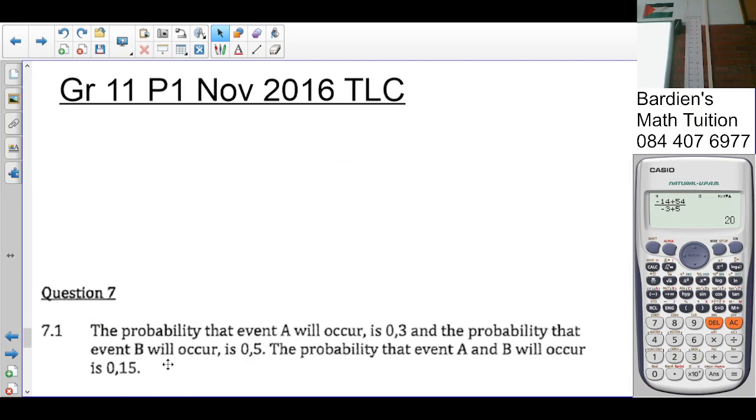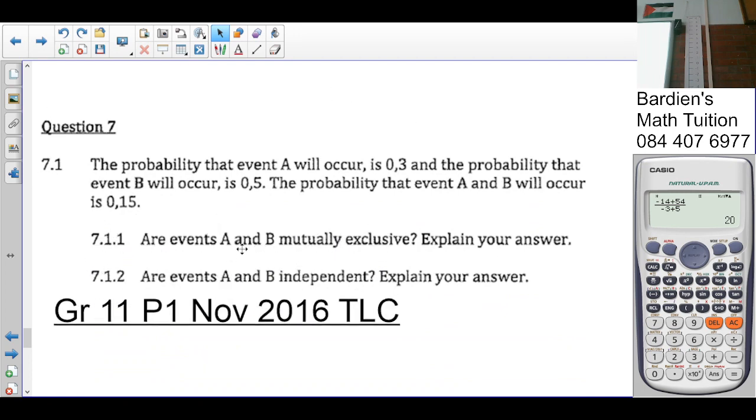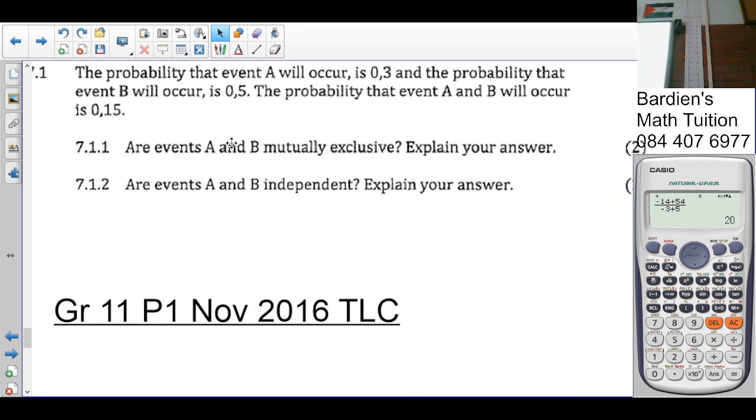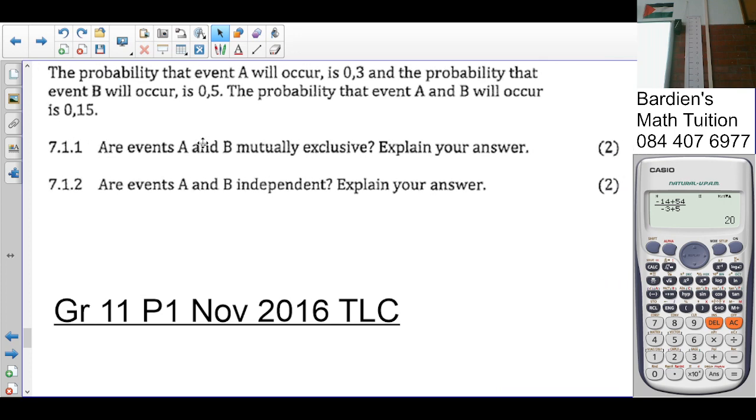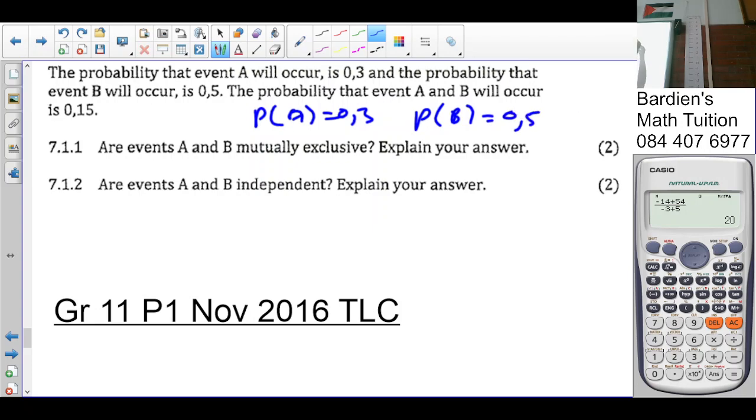Question 7. In question 7, we are told that the probability that event A will occur is 0,3, the probability that B will occur is 0,5, and the probability that events A and B will occur is 0,15. So probability of A is 0,3, probability of B is 0,5, the probability of A and B is going to be 0,15.